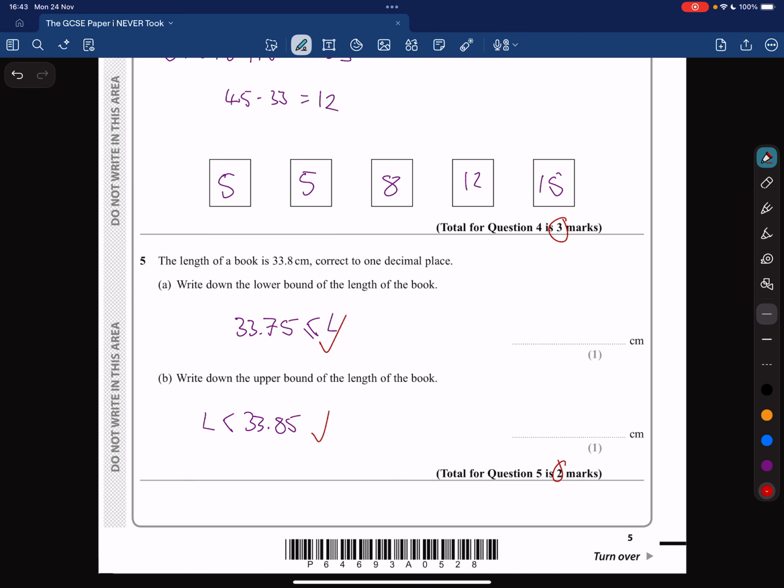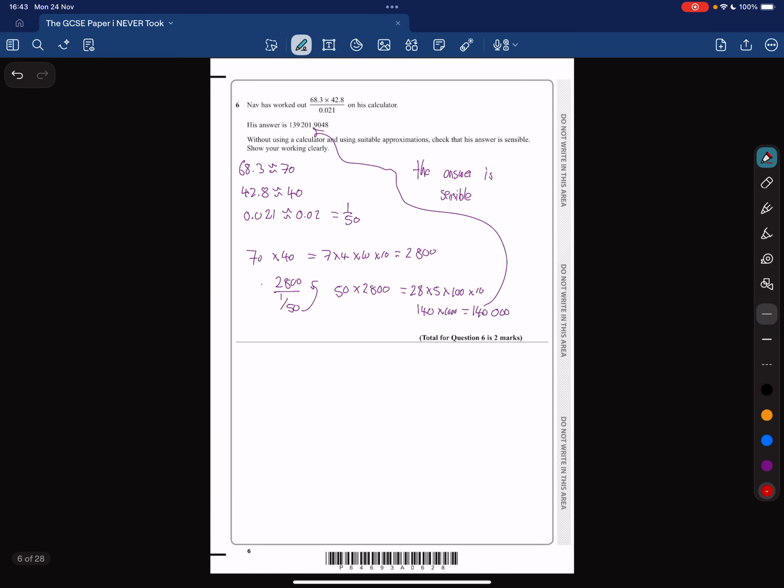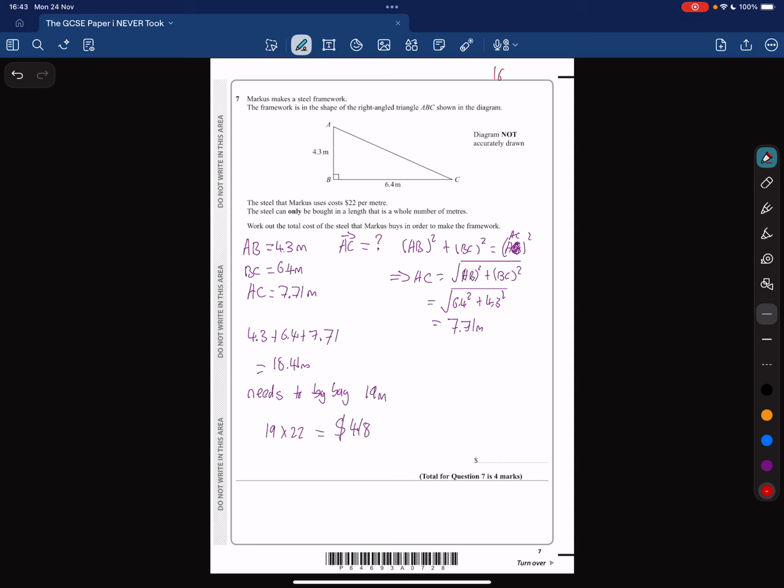There we are. 9 plus 5 is 14. So on 14 again. 70 times 40. Yeah, this is all the right marks. 16. 418 is correct. So on 20.